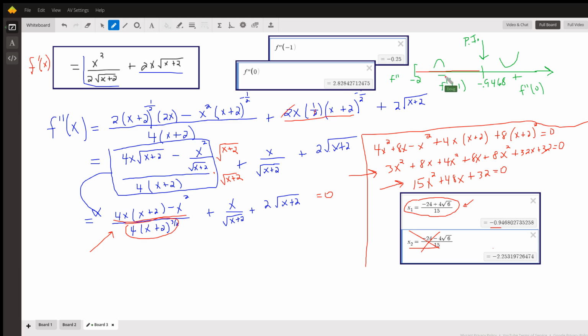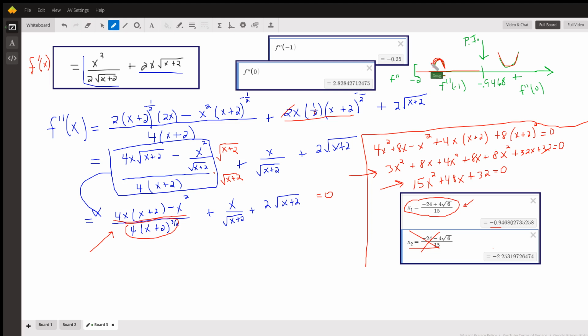So the original function, since it's negative, think concave down. And then to the right of negative 0.468, like 0, f double prime of 0 is positive. Think smiley face.